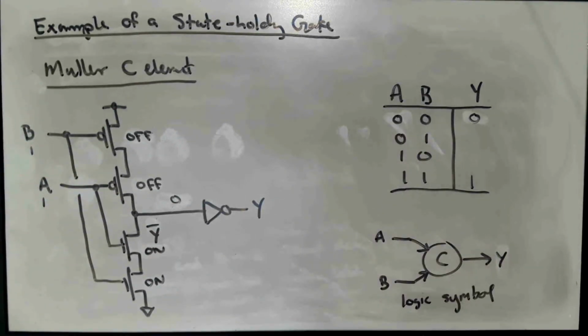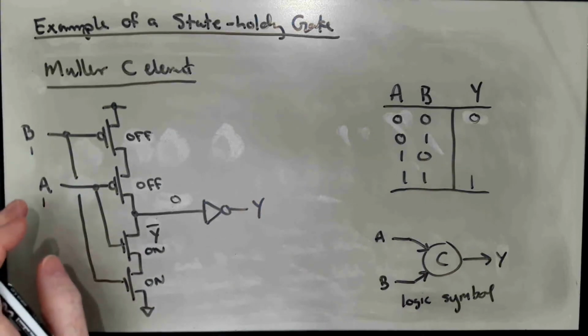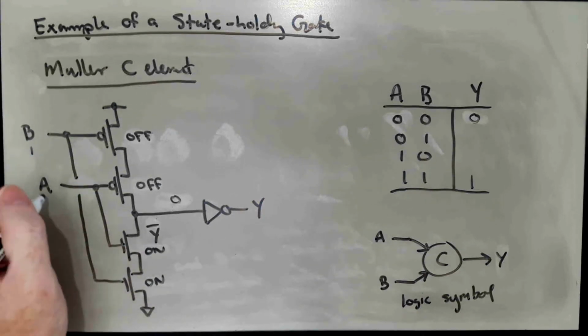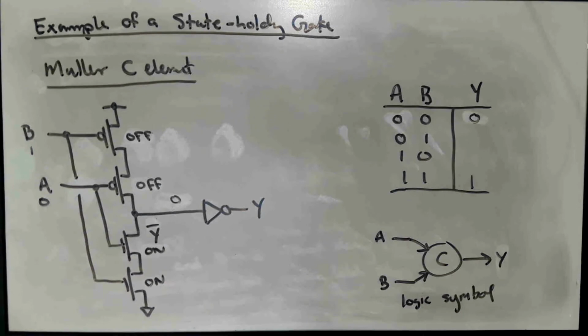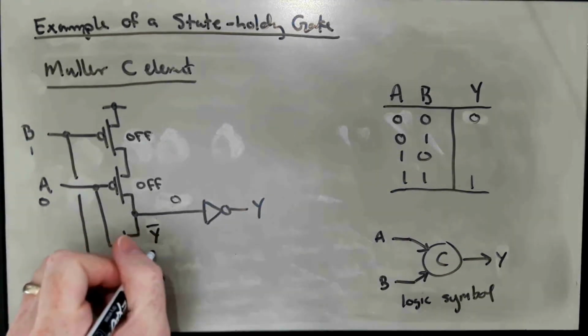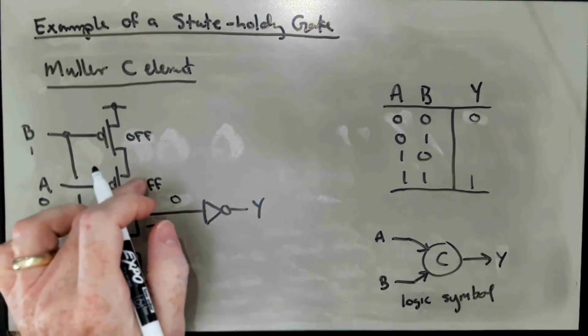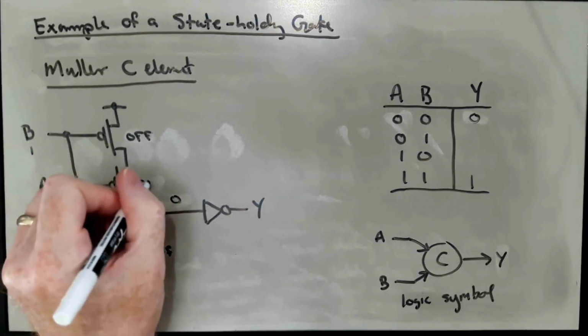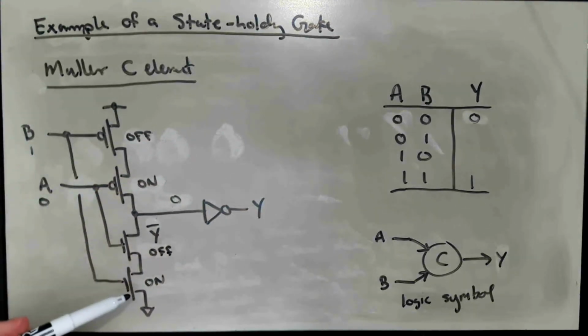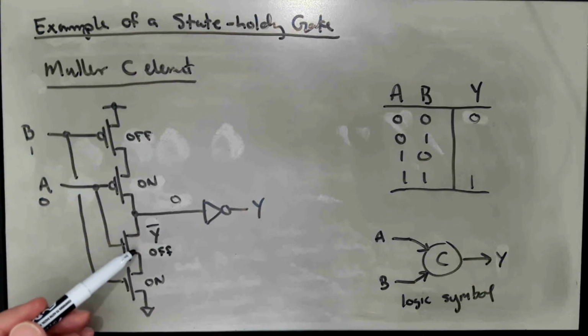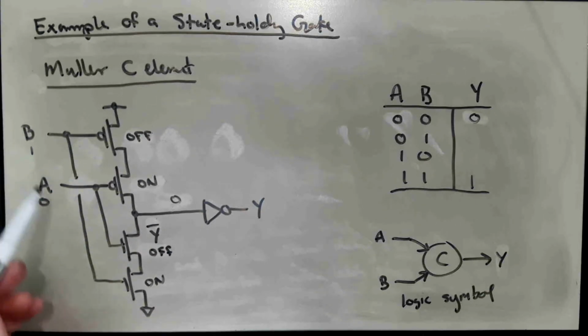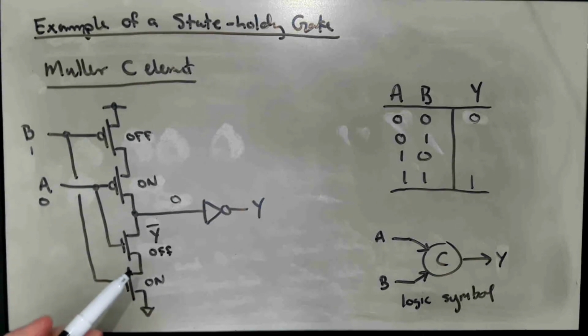Okay, but what happens in either of these two phases, where let's say A is 0 and B is 1? Well, if A is 0, then this transistor is off and this transistor is on. But the B transistors are in the same state as they were in the 1, 1 case. And so in the 0, 1 case here, the pull-up and the pull-down network are both cut off.